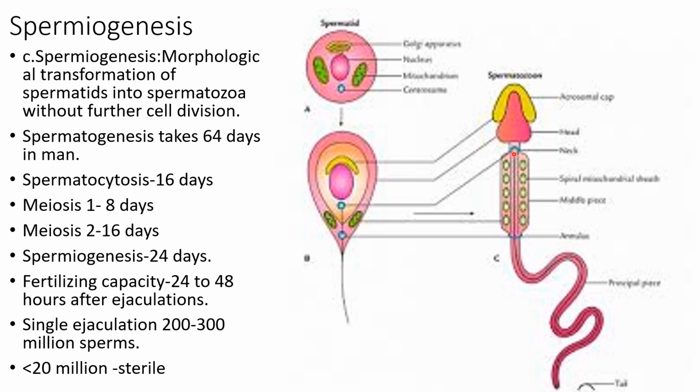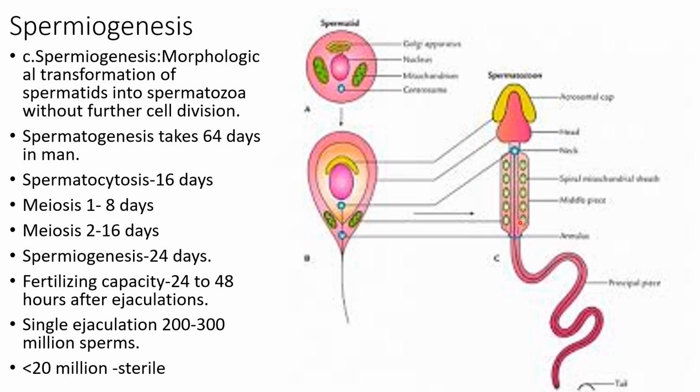Then the neck contains the first centriole, which is present along the posterior pole of the nucleus or the head. The axial filament and the tail are formed by the centriole, and the posterior centriole will form a ring centriole. Then the mitochondria will arrange themselves spirally to form the mitochondrial sheath.